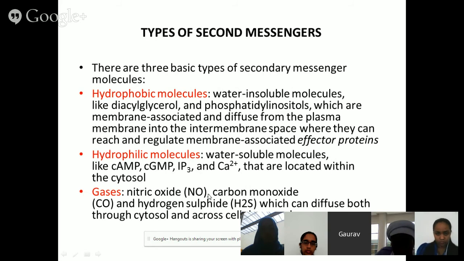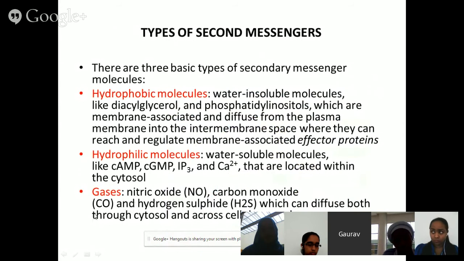Next is hydrophilic, water loving, so they dissolve easily in water. In the cell we have cytosol, and in the cytosol we have cytoplasm. The cytoplasm contains liquids with a water-like nature, so these hydrophilic molecules can easily dissolve. Examples are cyclic AMP, cyclic GMP, IP3 and calcium, which we'll discuss later in this lecture.